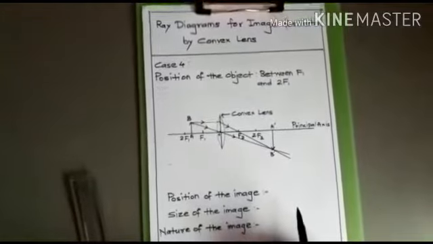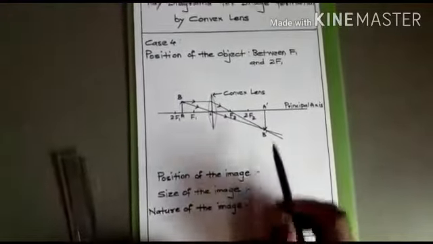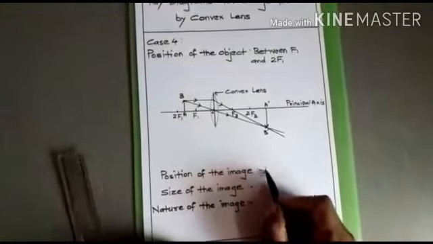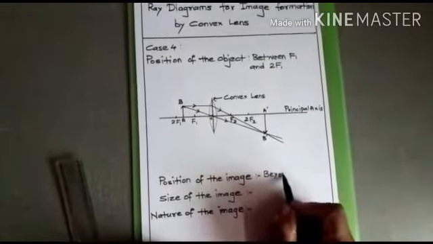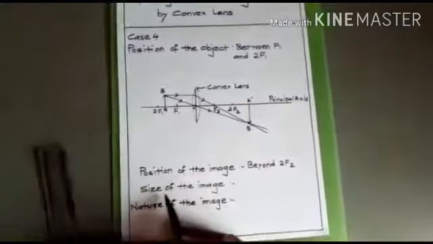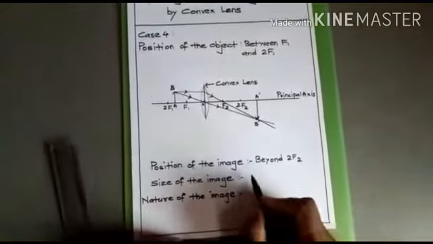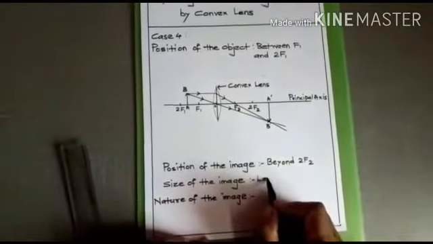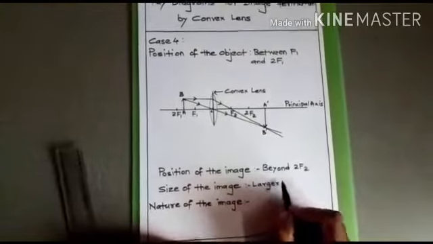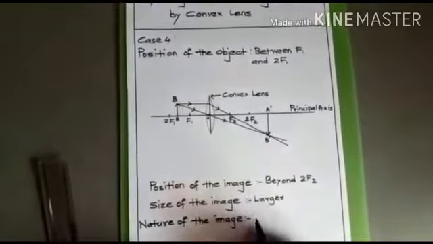So what's the nature of the image? Position of the image: beyond 2F2. Size of the image: it is larger than the object. Nature of the image: it is real and inverted.